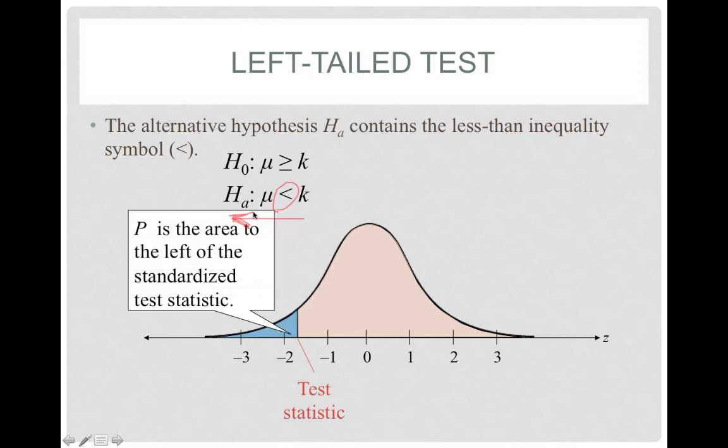Okay, so this point on our z-axis would be referred to as our test statistic. The area in here, shaded in blue, is the area to the left of the standardized test statistic.